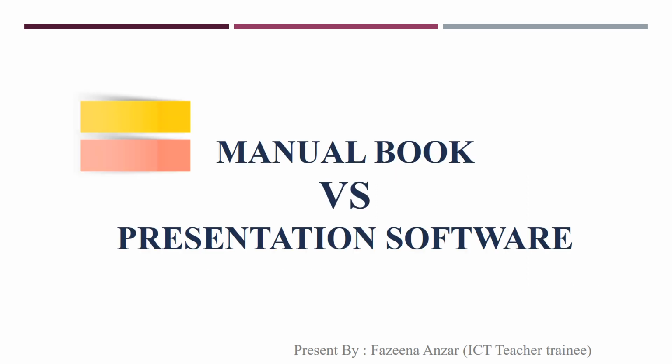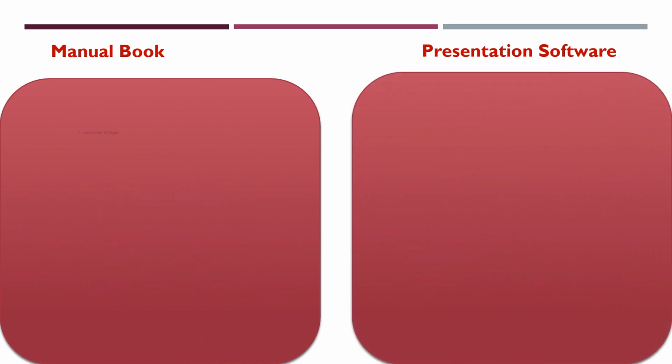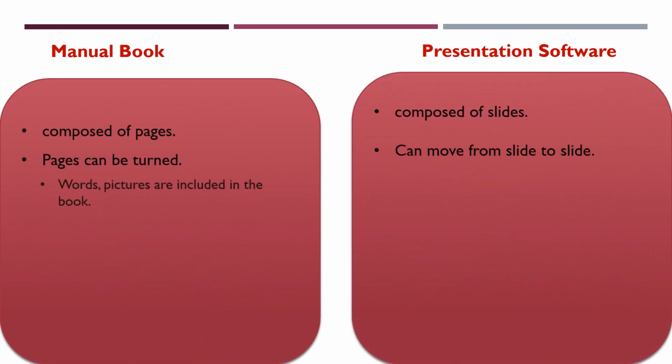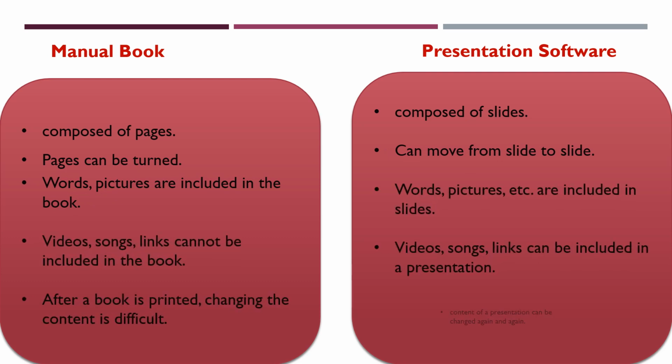Now let's see what are the differences of manual book and presentation software. Manual book is composed of pages, presentation software is composed of slides.